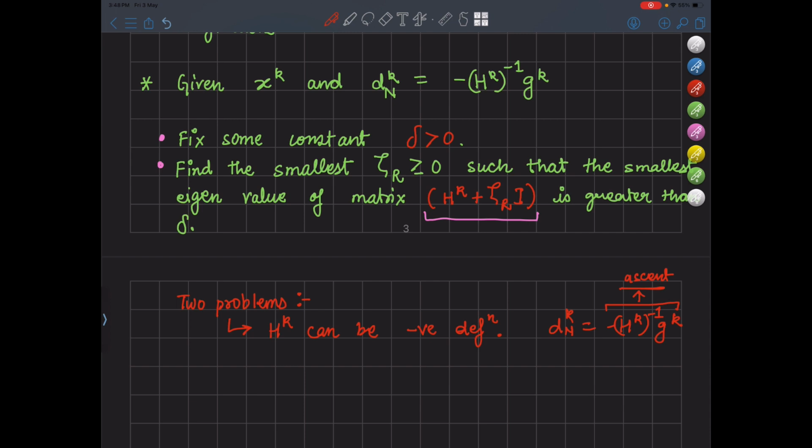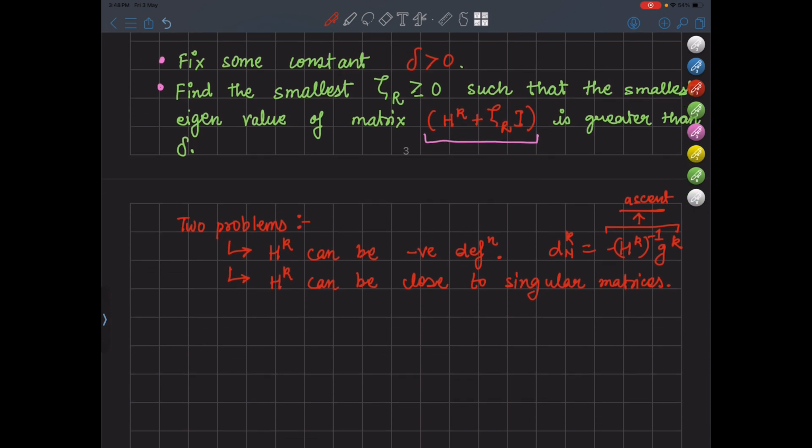And this is not what we want. So this was one of the disadvantages of the classical Newton method. And Hk can be very close to singular matrices. So it can be a matrix which is not exactly singular but very close, so eigenvalues are really small.